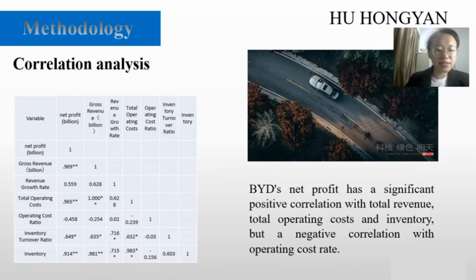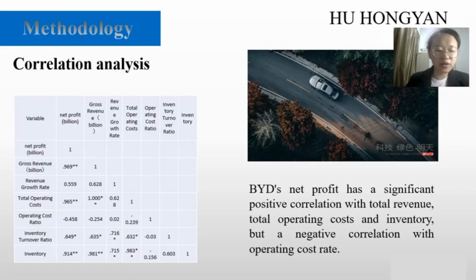Next part. Correlation analysis helps us review the relationships between different accounting factors. By analyzing these relationships, we can understand how these factors affect each other and identify factors that may have a key impact on net profit.